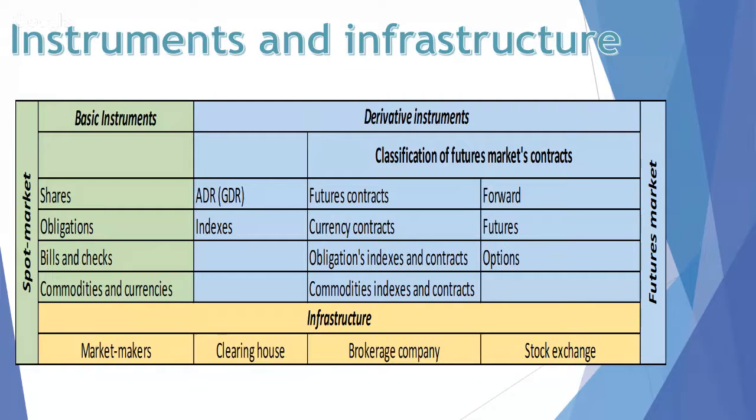So we have the spot market where shares, obligations, bills and checks, commodities and currencies are circulated. And derivatives are instruments based on spot market instruments. There are ADR, futures, forwards, options, currency contracts, indexes. We see it here, the futures market.